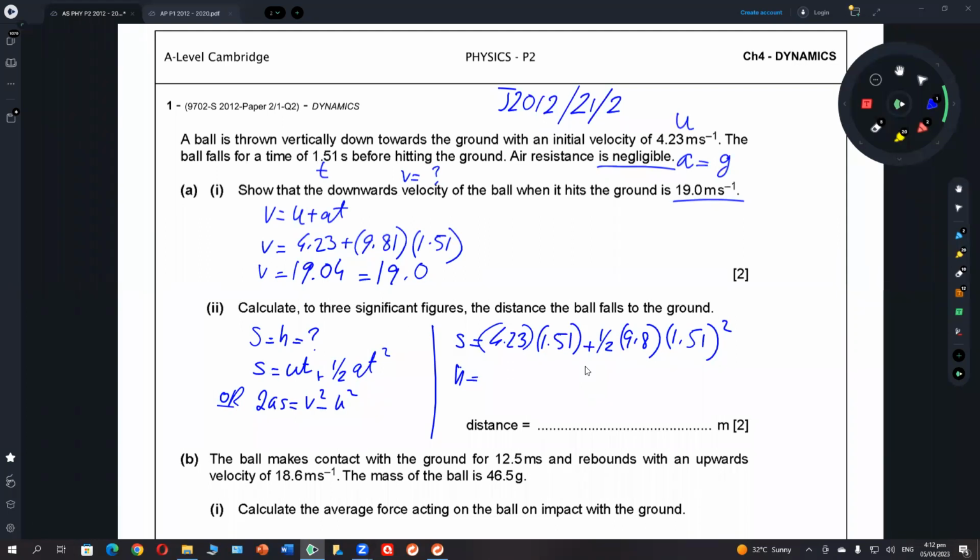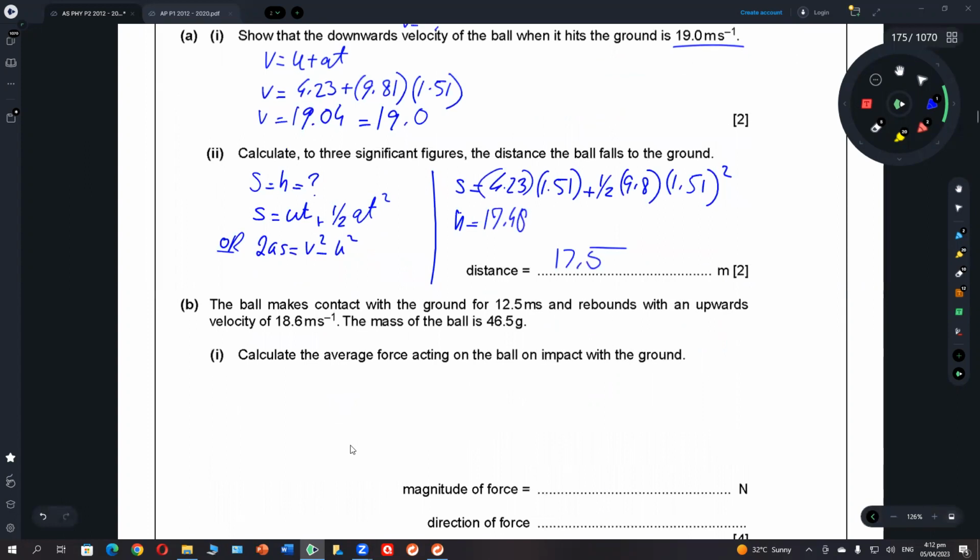It is coming as 17.48. How many sig figs do you think I should take? We should use 17.5. Yes, very good.